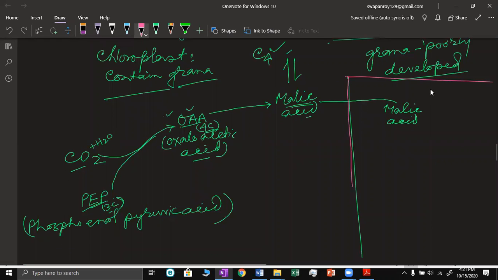Malic acid here breaks to some three carbon compound, and when it breaks, it releases carbon dioxide here, and this forms a three carbon compound. This is actually the pyruvic acid.